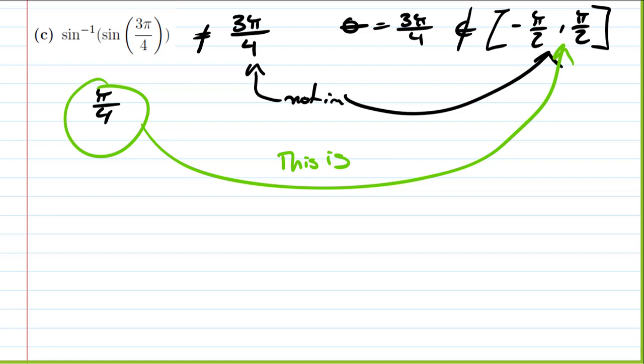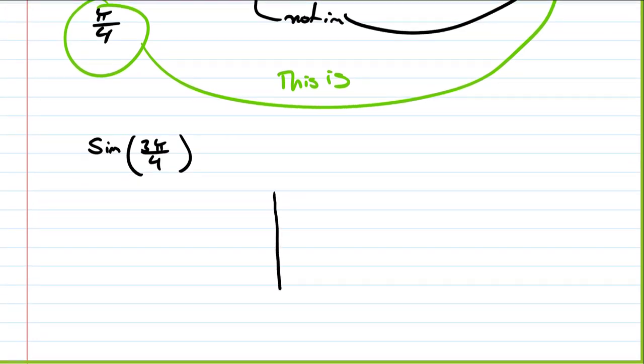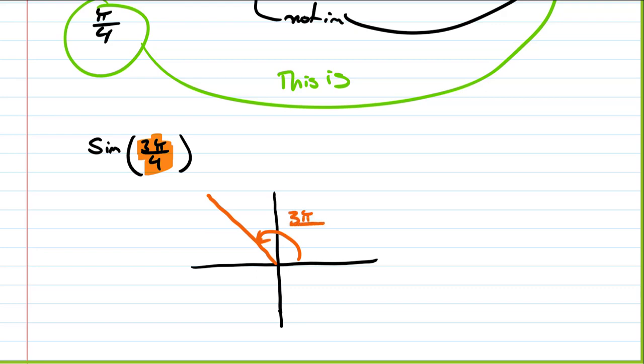So let's delve a little deeper into why that's the case. So what is the sine of 3 pi over 4? Well, if we draw our angle 3 pi over 4, 3 pi over 4 is in quadrant 2. And that makes our reference angle in quadrant 2 pi divided by 4.